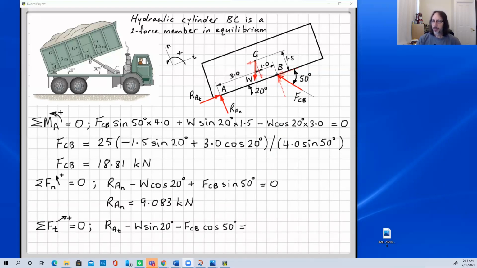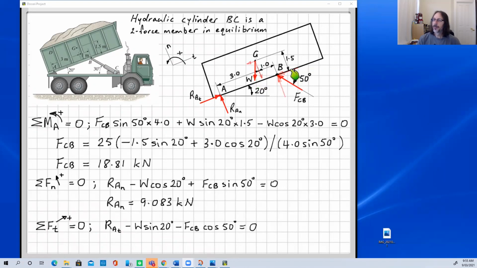Okay, so next up will be the sum of the forces in the tangential direction, indicating upwards to the right as positive. And so we've got our reaction component here, RA subscript T, going in the positive direction. And then we have our weight force, or the tangential component, so this one up here. So that was W sine 20.